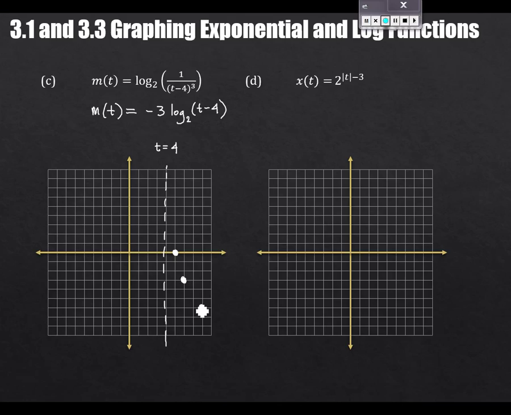And how about 4.5? 4.5, comma 3 is on the graph. Oh, we only got 4 points. That's way more than we needed. So something like that.